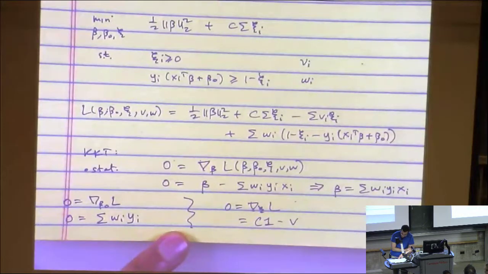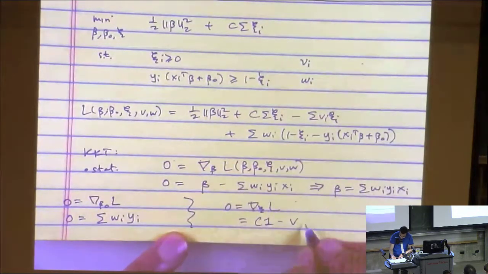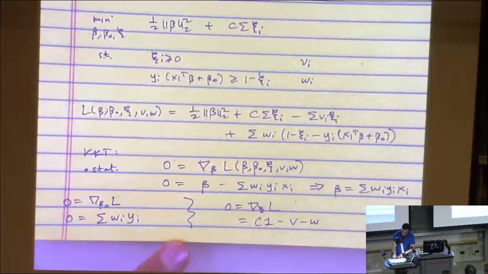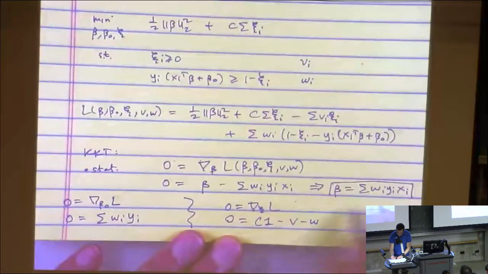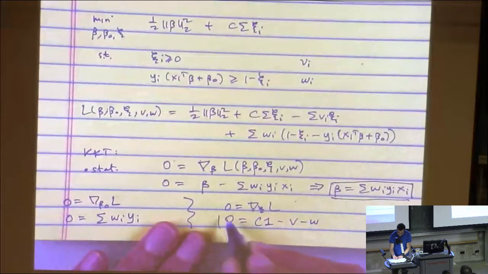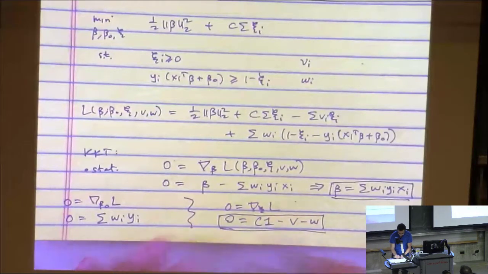And this is going to give me minus w, right? The sum of minus w_i psi_i is like minus w transpose psi, and differentiating with respect to psi gives me just w. So these in boxes are the 3 pieces from our stationarity condition that I wrote down on the slides.